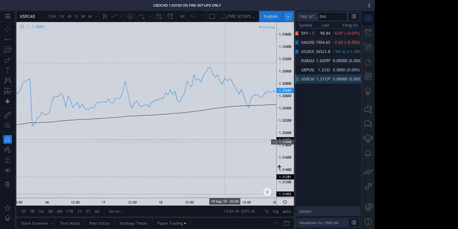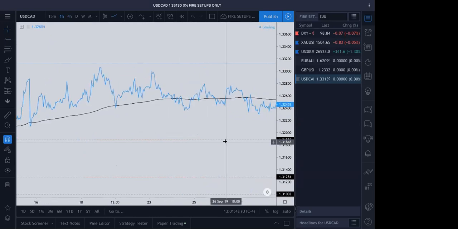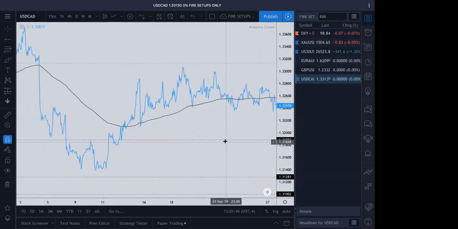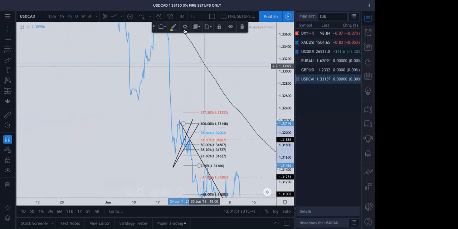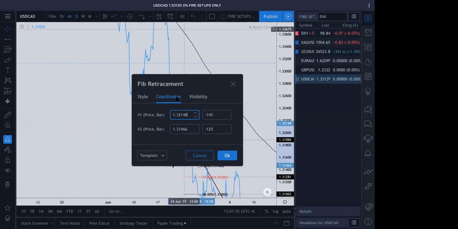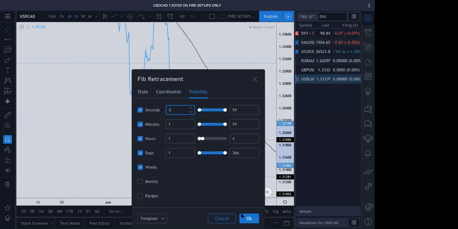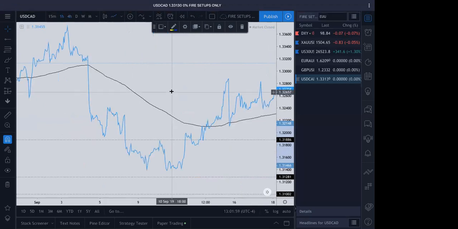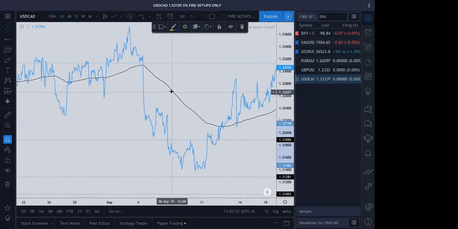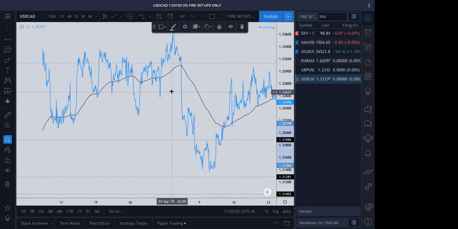Okay, and let's check exactly the 61.80 level. Does anyone know why it disappears?